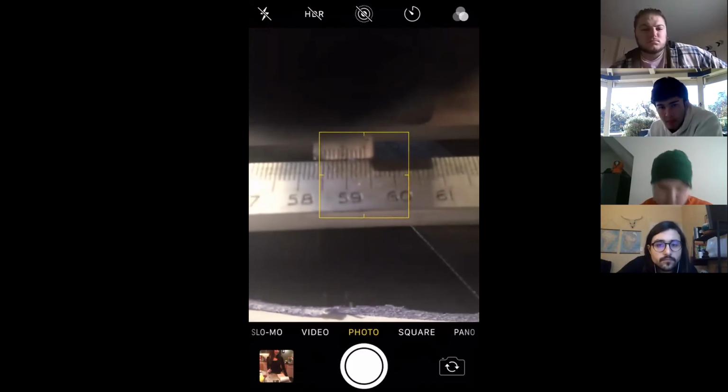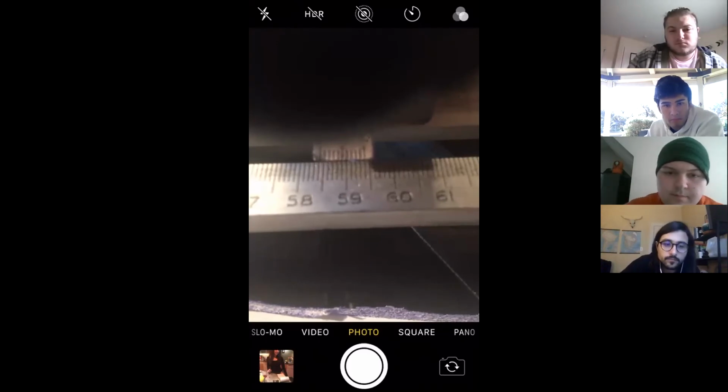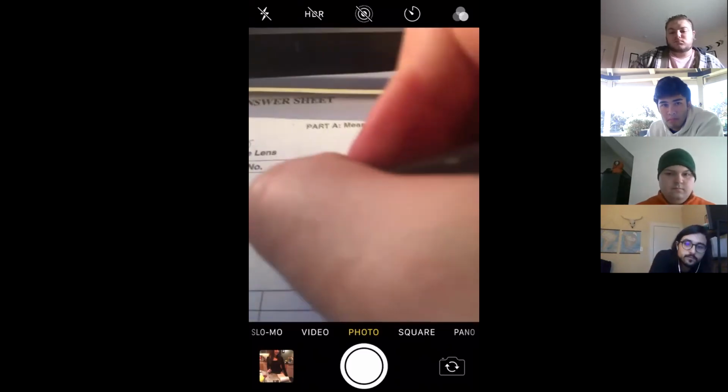All right. Let's get our S coordinate together. So that you guys can participate a bit, why don't you help me read this once it focuses? 58.9. And then we have to get the coordinate here.